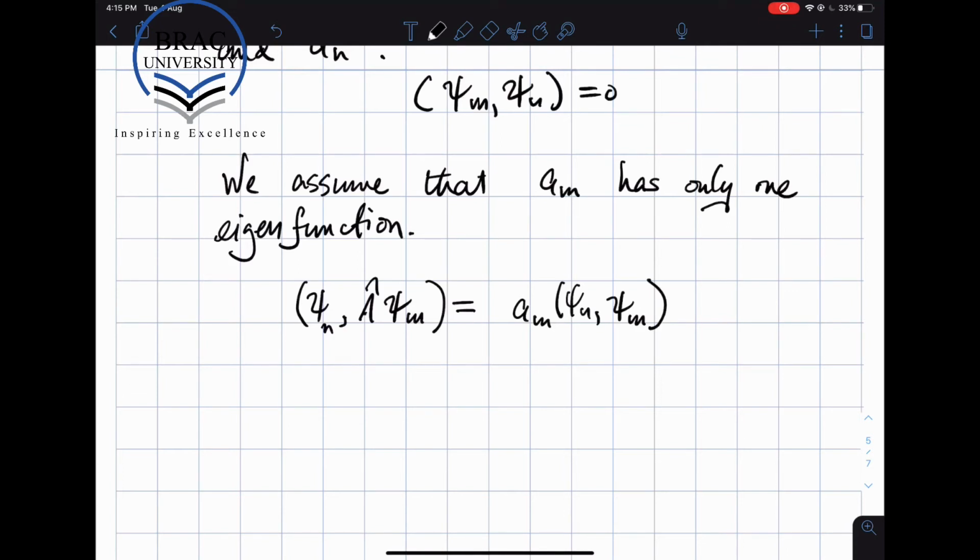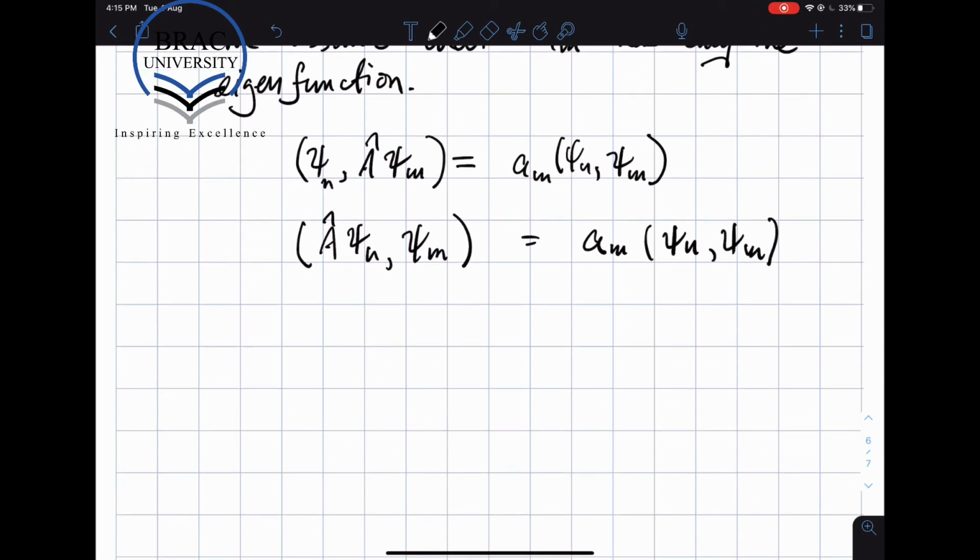Now, because A is a self-adjoint operator, I can bring A and get it to act on psi n. So on the right-hand side, I have a_m times the inner product of psi n and psi m.